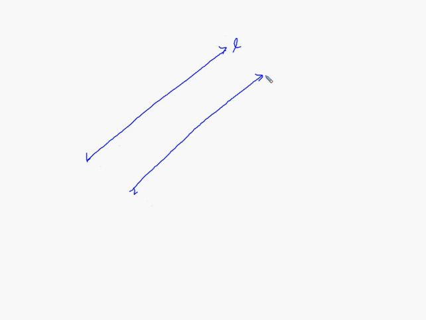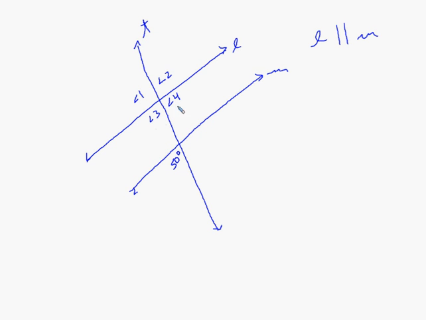So I'll have line L, line M. We'll say line L is parallel to M and transversal T. And let's say this angle down here is 50 degrees. Let's find all the other angles and justify.